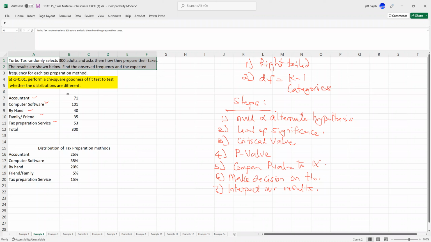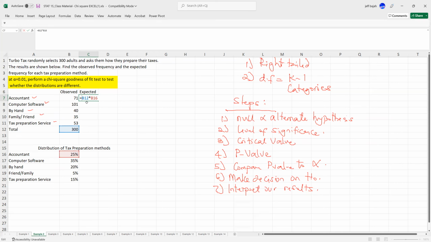All right. So just like we did in the past one, I'm going to start by saying that observed is this. And remember, we said our expected, this is the frequency, we're going to turn it into a distribution. And so we'll say this is going to be equal to, the total was 300, and we'll multiply by this.